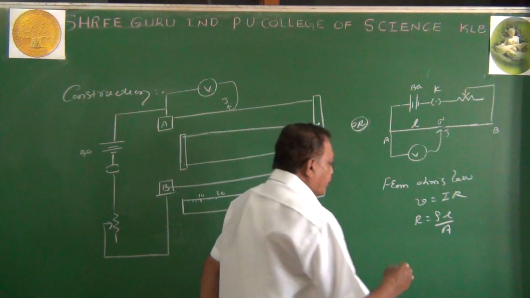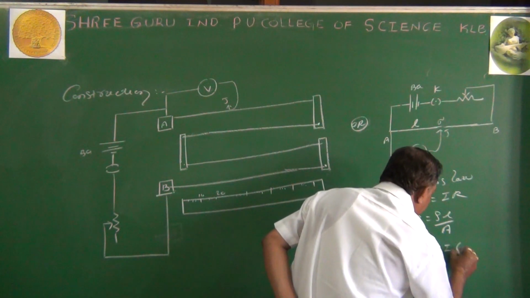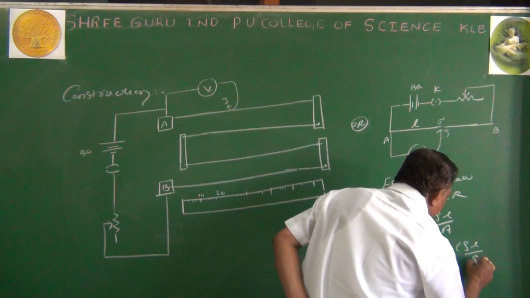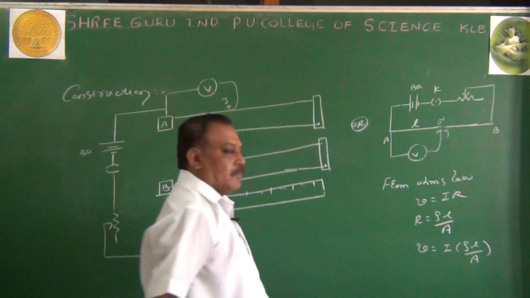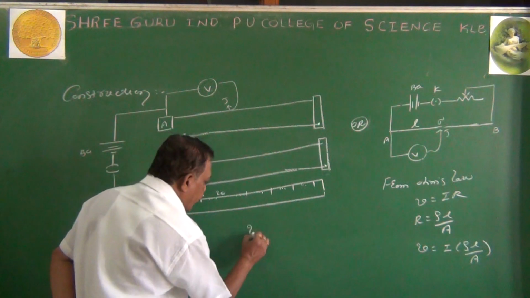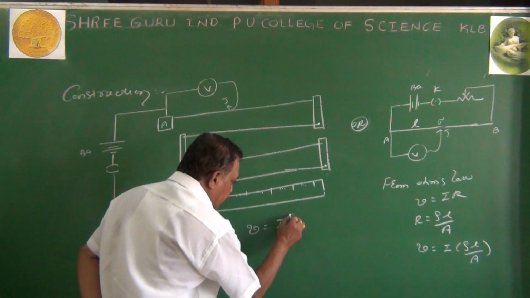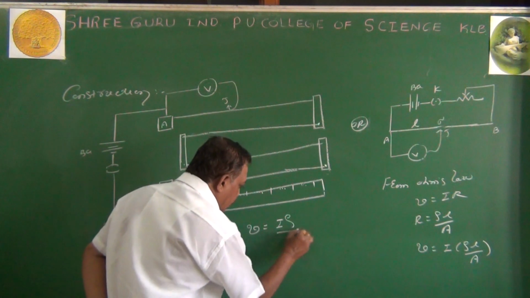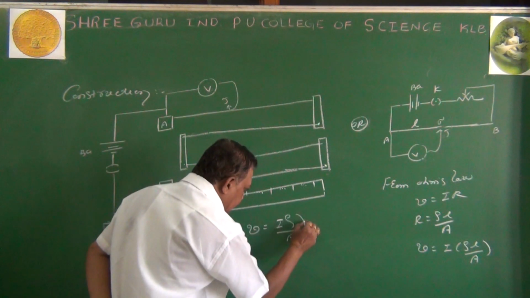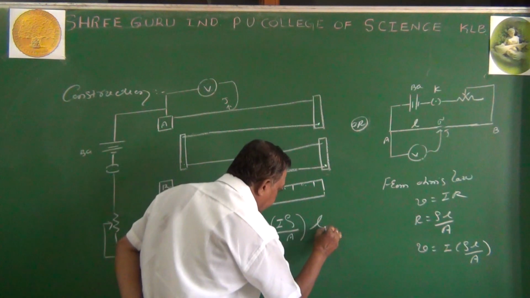Then V equals I rho L divided by A. Are you getting the point? Then I keep this equation. By maintaining the constant current, the resistivity of the given material of the wire is constant with uniform cross-section area A. These are constant factors I take aside and keep length separate.